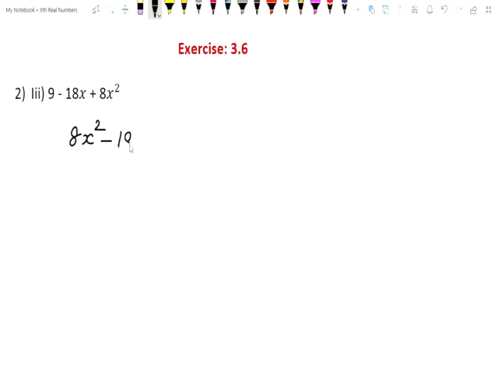minus 18x plus 9. Here sum equal to minus 18, because the coefficient of x is called the sum.